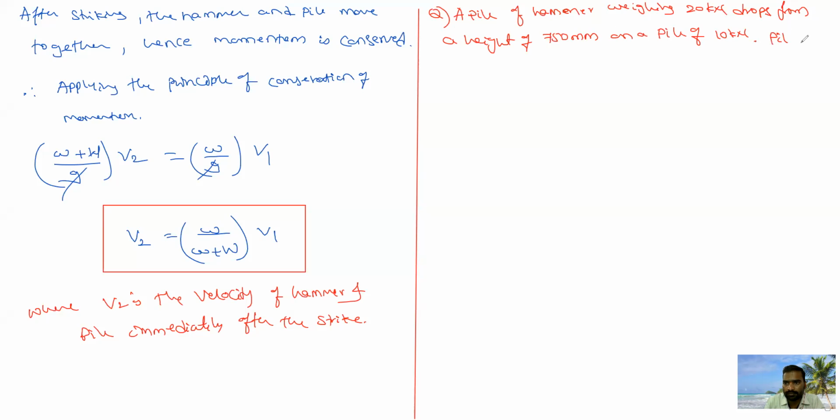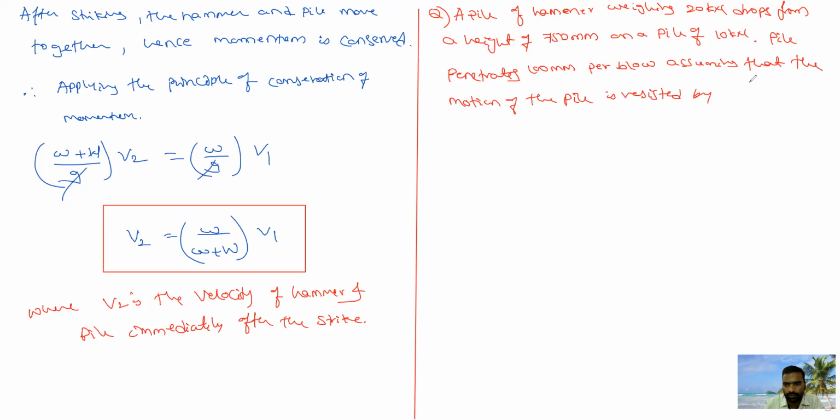The pile penetrates 100 mm per blow. Assuming that the motion of the pile is resisted by a constant force, find the resistance of penetration.